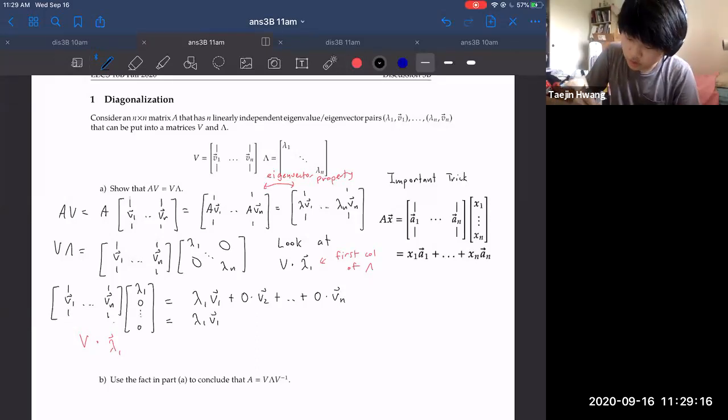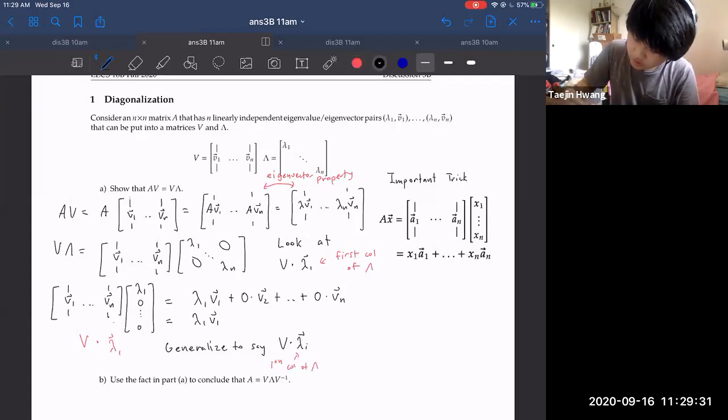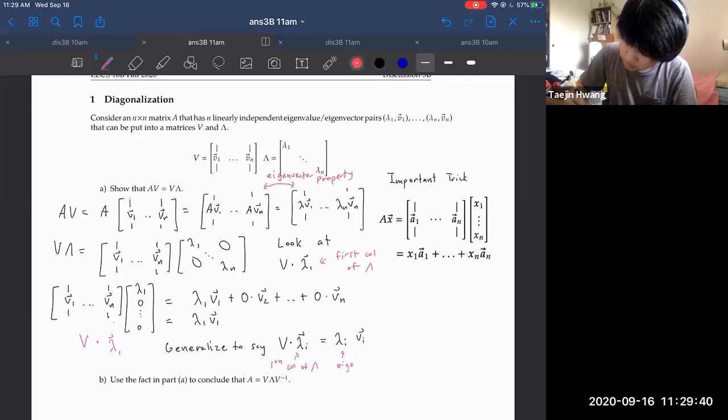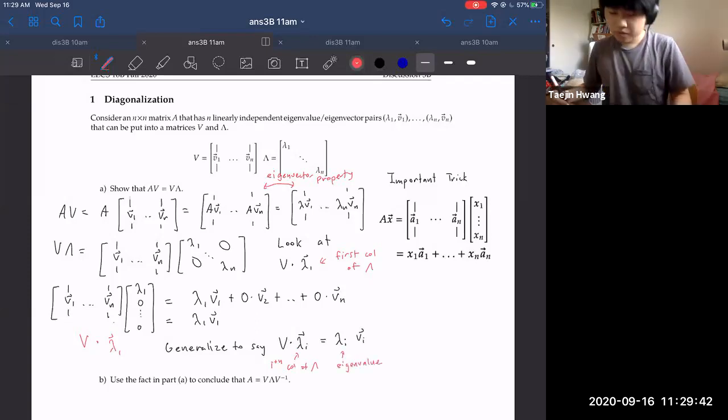And we can generalize this to say V times lambda i, where again this is the ith column of this diagonal matrix, is equal to lambda i, where this is a scalar, or the eigenvalue, times Vi.